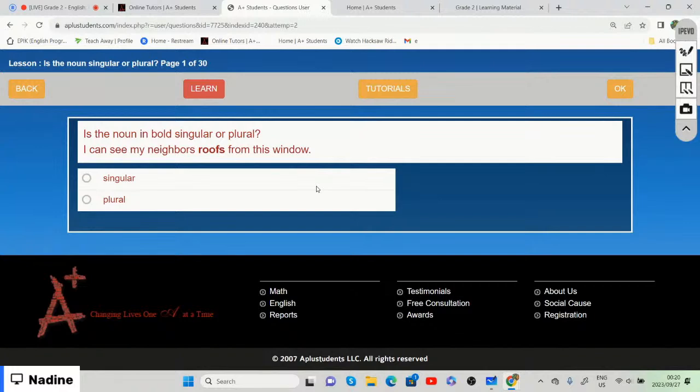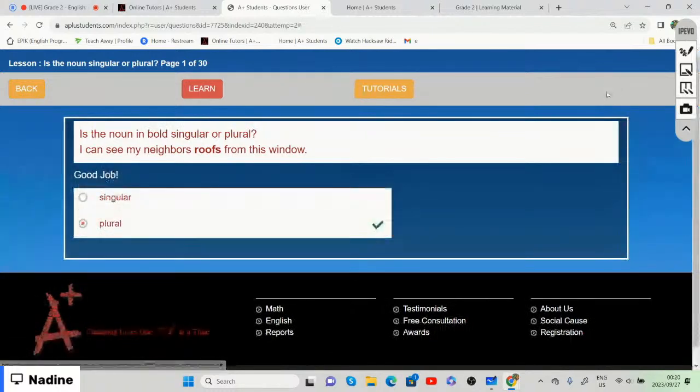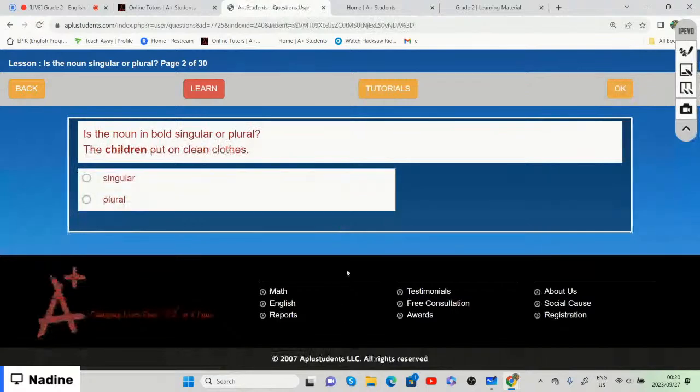All right, so now if we look at the word roofs, it's more than one, so we can say it is plural. Yes, so roofs is plural, so well done.